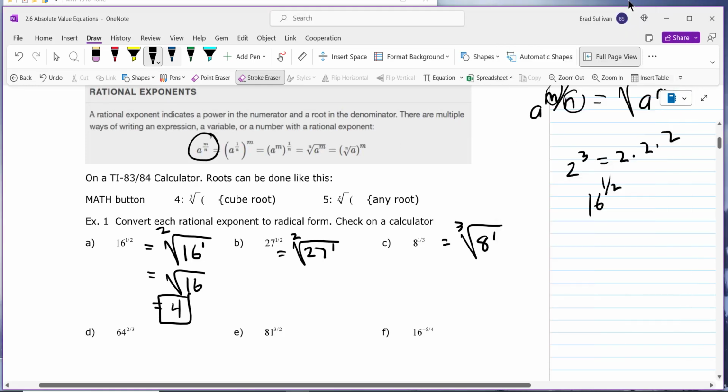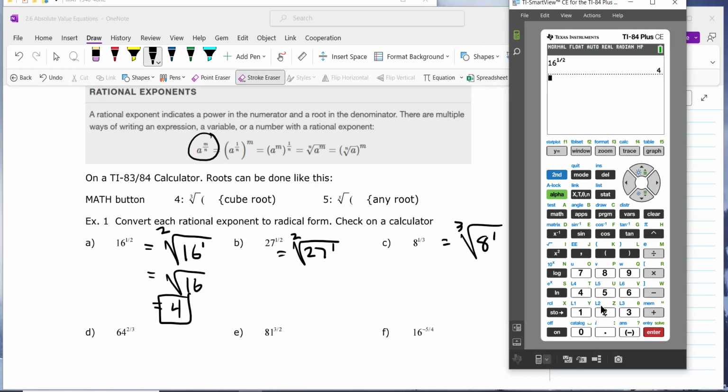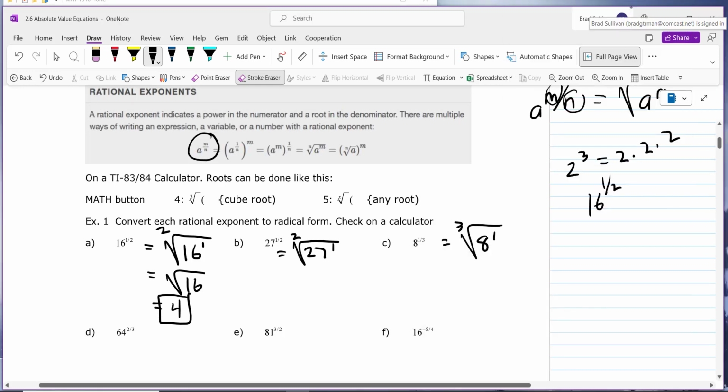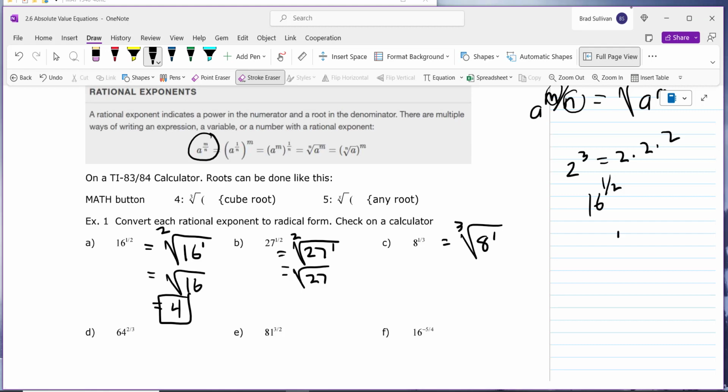The next one, if I did this on a calculator, if I did 27 to the 1/2 power, what your calculator is doing is the square root of 27, okay? I don't want that answer. I want a simplified radical like we've been doing quite a bit in class today. So you have the square root of 27. You have perfect squares like 4, 9, 16.